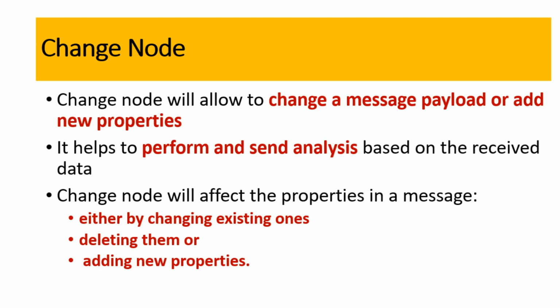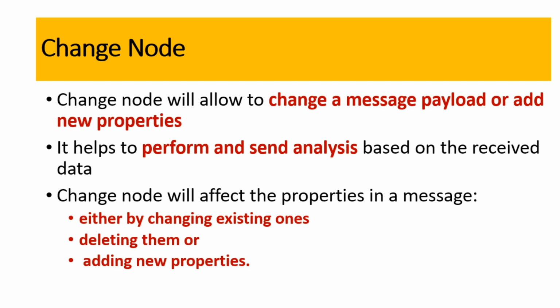Now if you want to perform some analysis on it, and trigger some more messages onto it, that could be done using this change node. We'll be seeing the exact flavor of deploying it in the node. Before we go into it, let us see what are the major properties it holds.